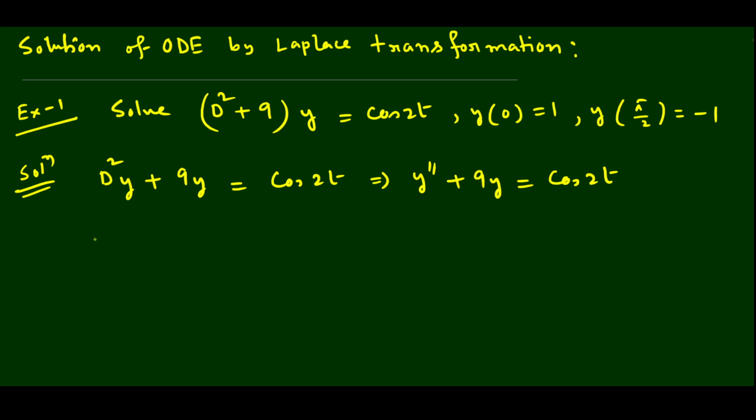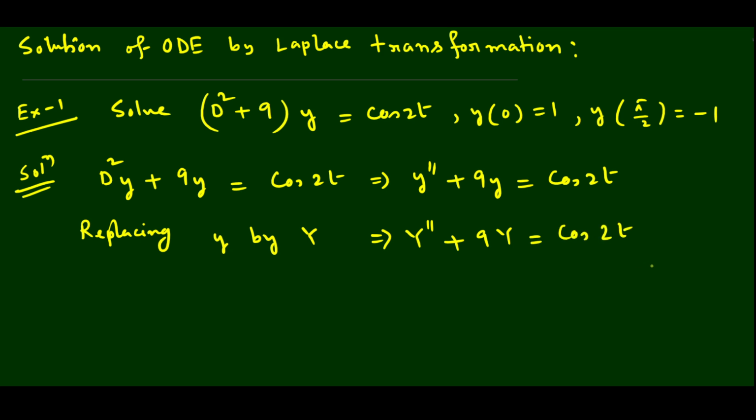We have to replace this small y by capital Y. If we replace it in the above equation, it will become Y double dash plus 9Y is equal to cos 2t.